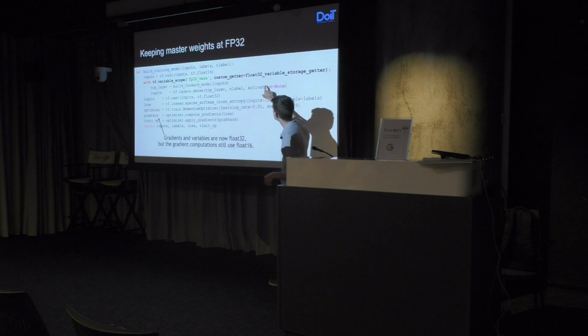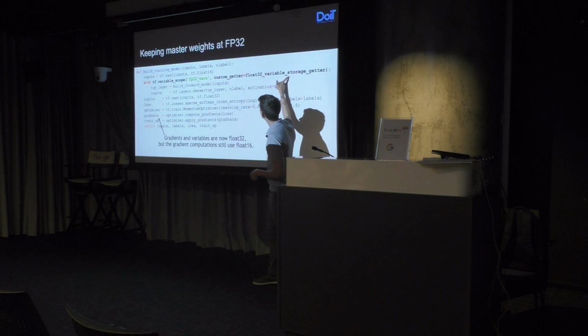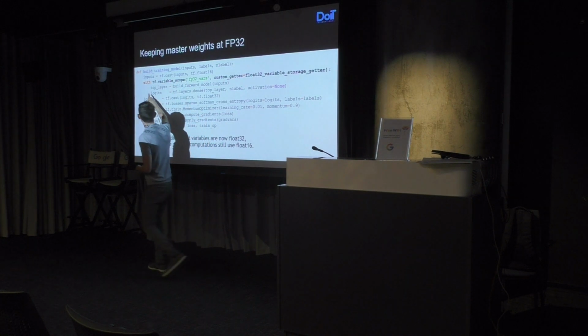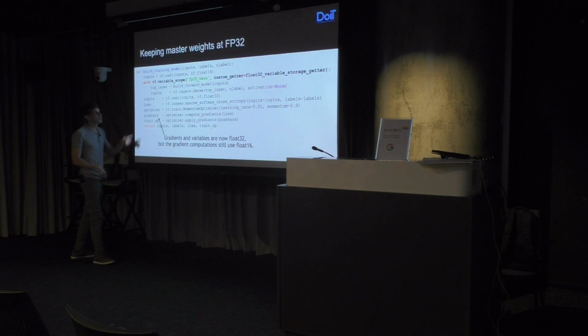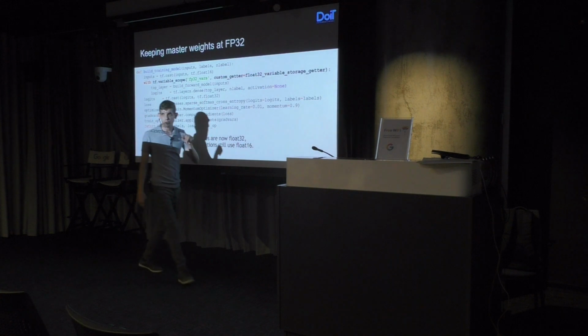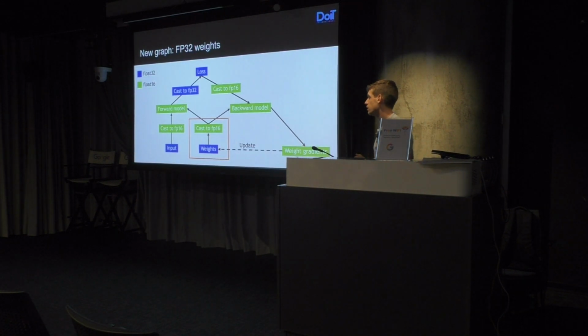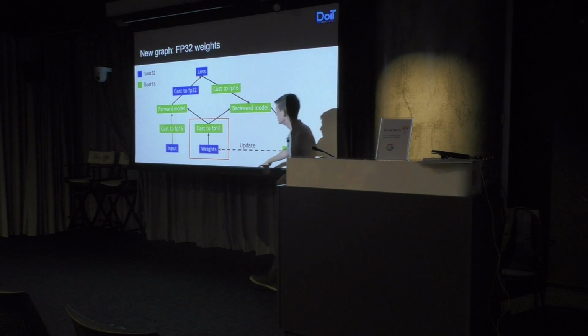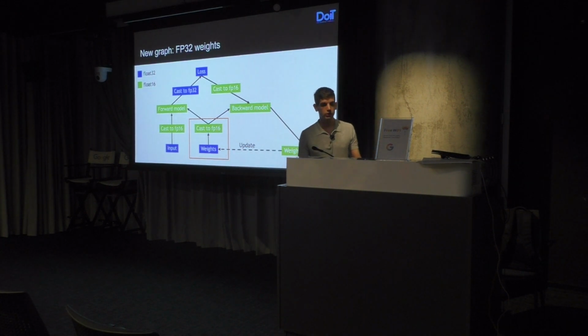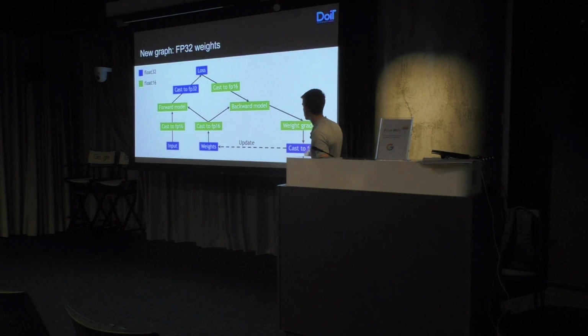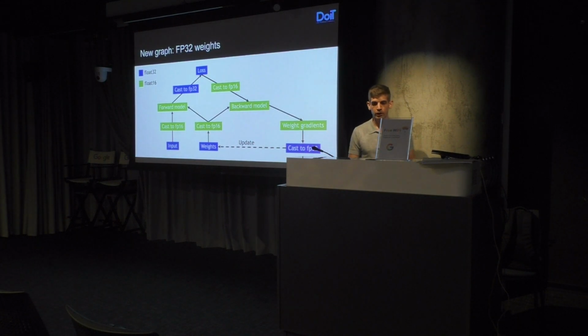So I'm using this custom getter here in this variable scope block that I'm defining, and this function would enforce that all of my weight parameters will be kept in floating point 32 by simply doing the cast on the gradients. So this is, for the most part, everything that I wanted to have.